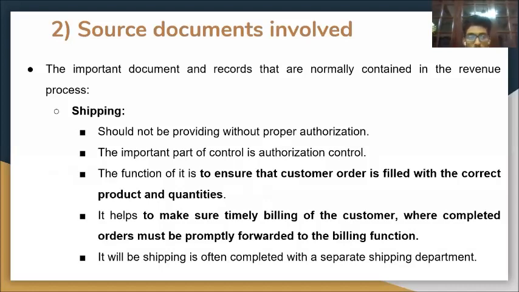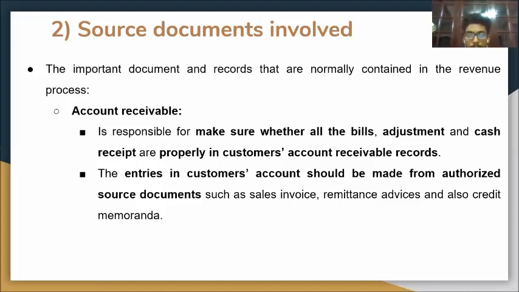The function of shipping is to ensure that the customer order is filled with the correct product and quantities. It helps to ensure timely billing of the customer, where completed orders must be properly forwarded to the billing function. Shipping is often completed by a separate shipping department.